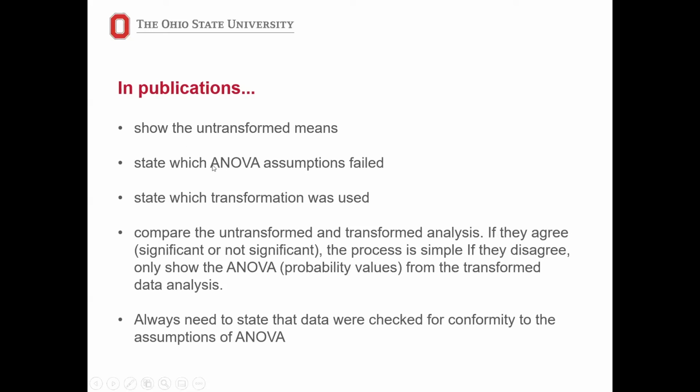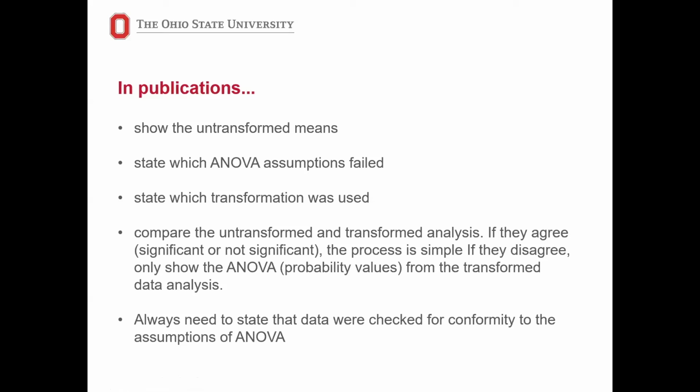In the statistical methods, we should have a description of which tests, which assumptions failed, or which assumptions were corrected, and which transformation was used. Now, in some cases, you may go through a series of 2 or 3 different transformations.